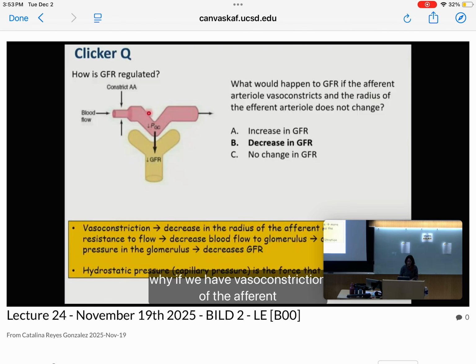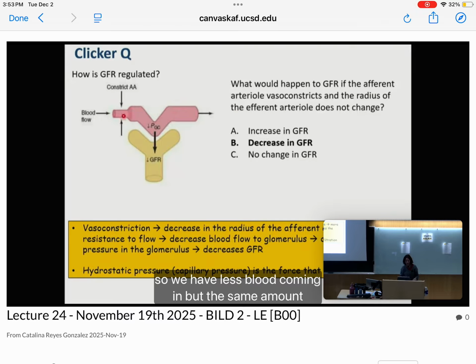If we have vasoconstriction of the afferent arteriole, we're going to make that lumen small and increase resistance. So it's going to be harder for blood to enter that glomerulus. We're decreasing the radius, more resistance to blood flow, so we're going to decrease blood flow. Less blood comes into the glomerulus, so the blood volume in that glomerulus is going to decrease. But the same amount is leaving. We haven't changed that efferent arteriole radius.